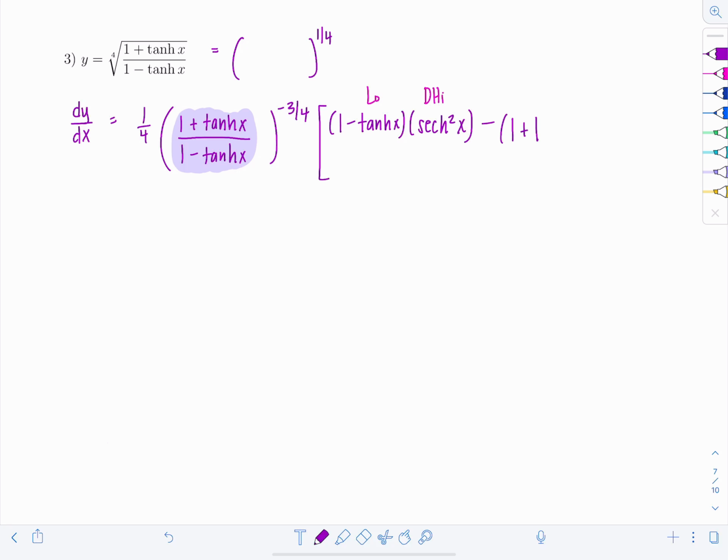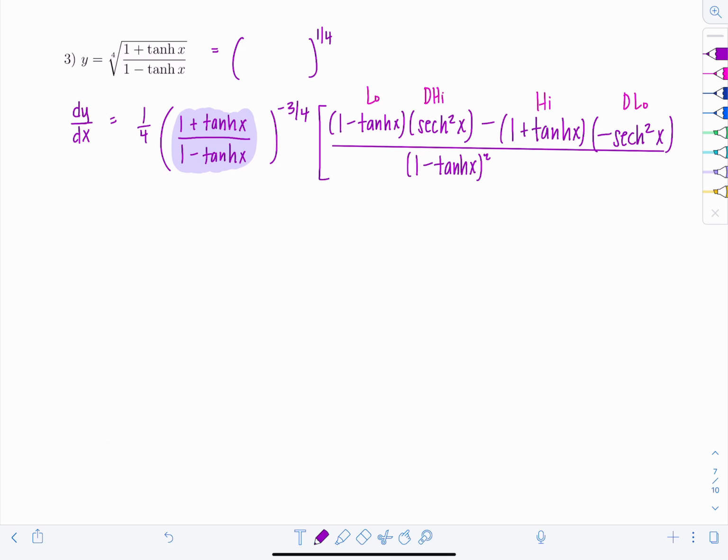So that's 1 plus tanh x. That's high. And then now I need d low. So derivative of the denominator, derivative of 1 is 0, and then the derivative of negative tanh x is going to be negative sech squared of x. Got it? Square at the bottom, and away we go. So (1 minus tanh of x) squared. Close her up. Lovely.